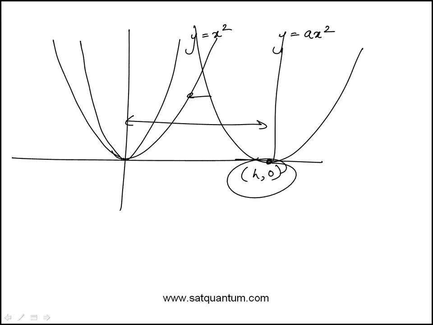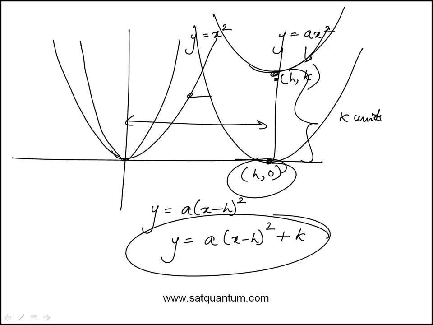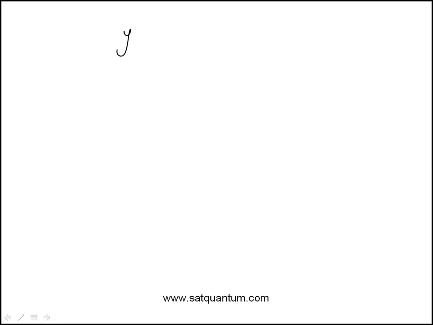This would be the new vertex. The equation of this parabola would be y equals a times (x minus h) squared. Now if I shift this up by, say, k units, the vertex would be (h, k), and the equation of that parabola would be y equals a(x minus h) squared plus k. So this is the general equation of a parabola.